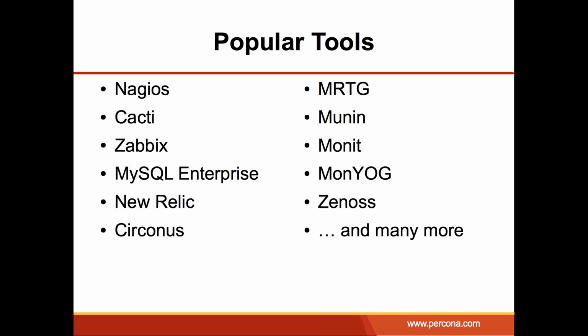MySQL Enterprise subscriptions come with the MySQL Enterprise Monitor, which is a specific tool for monitoring MySQL. I should make a note here that Nagios, Cacti, and Zabbix are generic tools. They can monitor pretty much any component in your enterprise, whereas MySQL Enterprise is a very MySQL-centric tool.